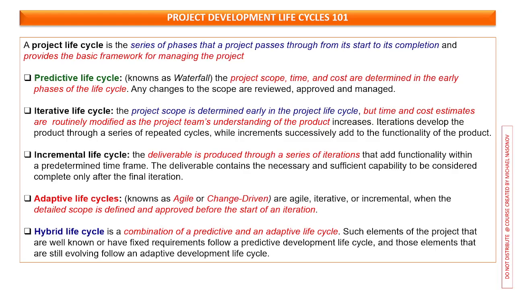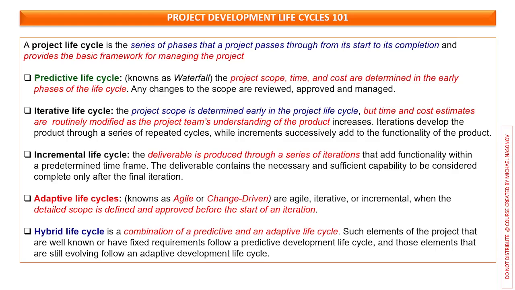And the most popular these days and most right one is the hybrid life cycle, which is a combination of predictive and adaptive life cycles. Those elements of the project that are well known or have fixed requirements follow a predictive development life cycle, and those elements that are still evolving follow an adaptive development life cycle.